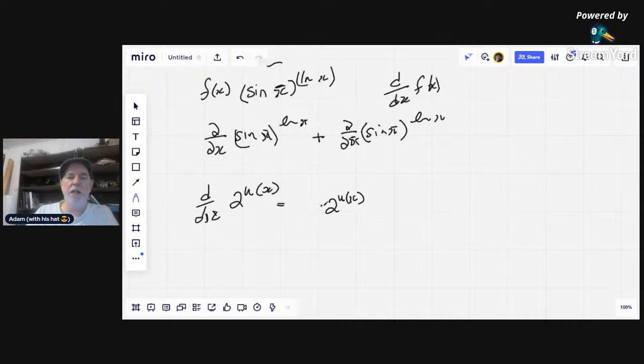Times the log of the exponent. That's log of 2. Okay, and I've got to put the other times here, times the derivative of what's up here, so u prime of x.